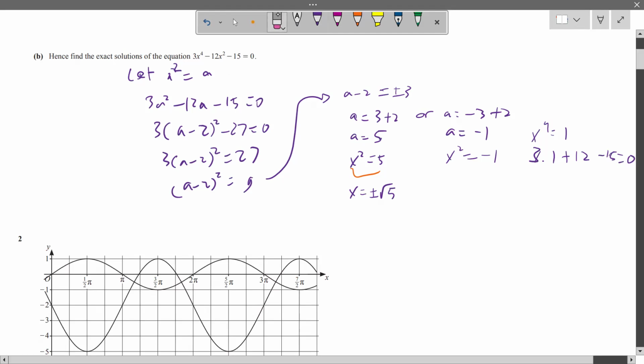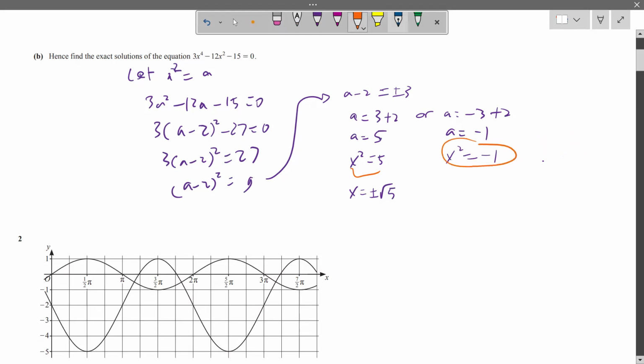So actually this equation here could count as solutions, but it is implied that we only look for real solutions. So the answer is this one. It could have also been x equals plus minus i.